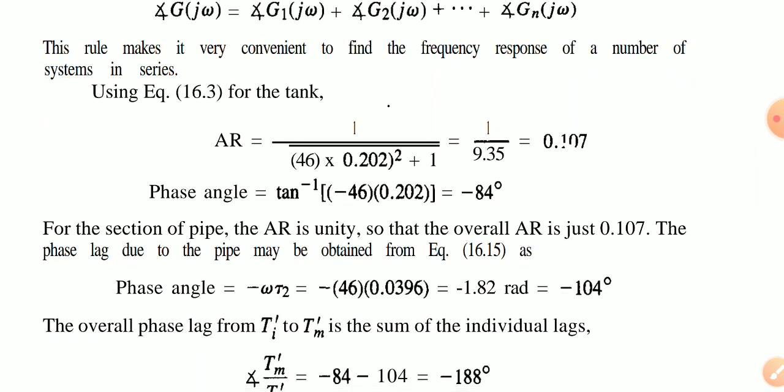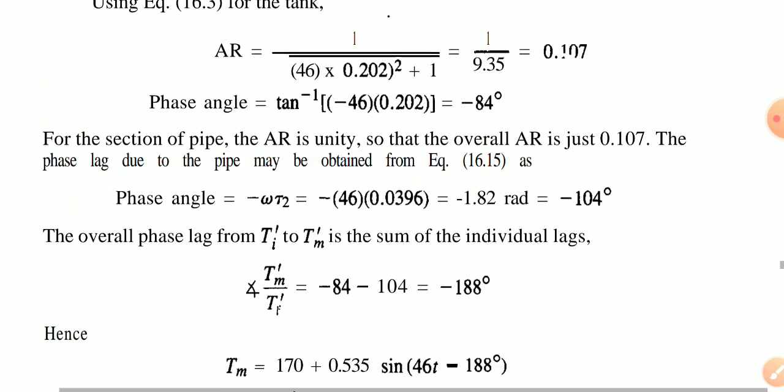So what is AR, the amplitude ratio, and the phase angle: 1 by square root of ((46 multiplied by 0.202) whole square plus 1) is equal to 1 by 9.35, which is equal to 0.107. The phase angle is equal to minus tan inverse of 46 multiplied by 0.202, which is equal to minus 84 degrees.